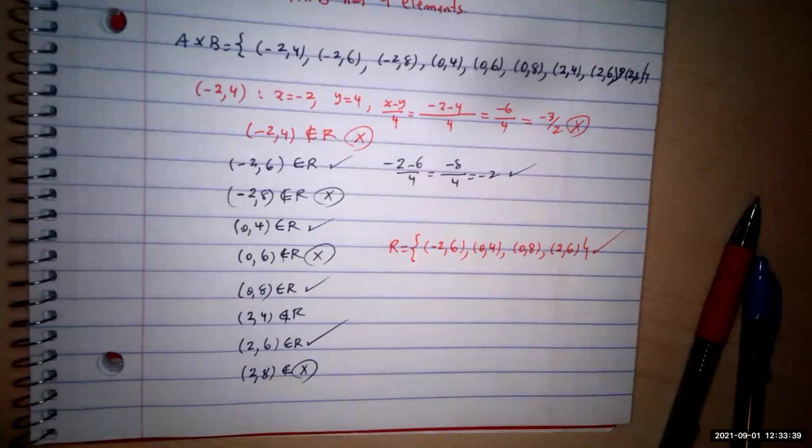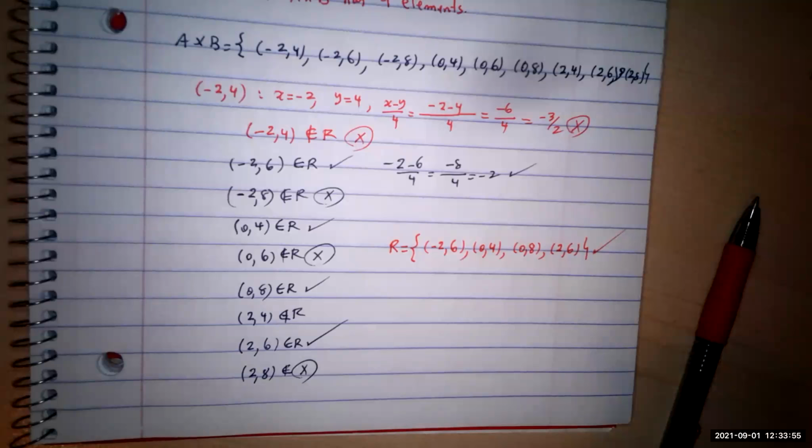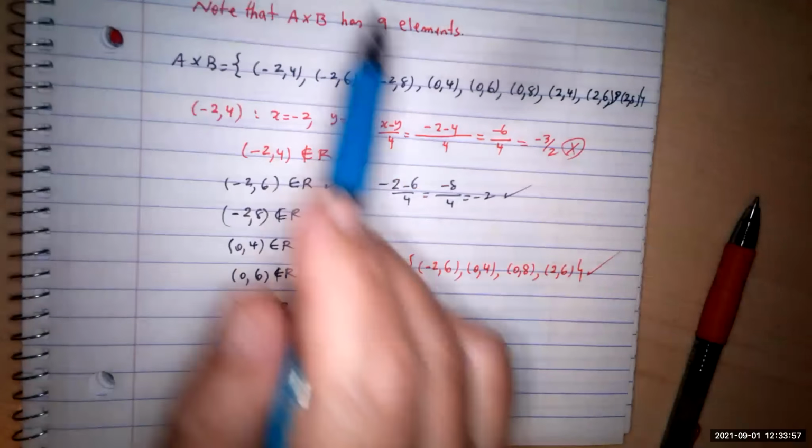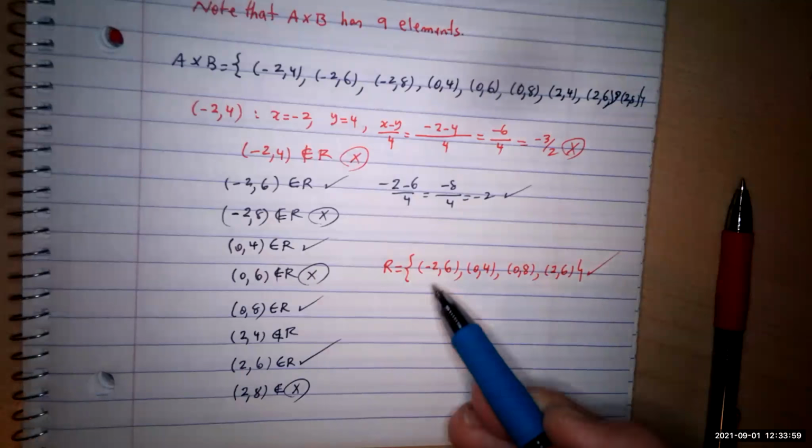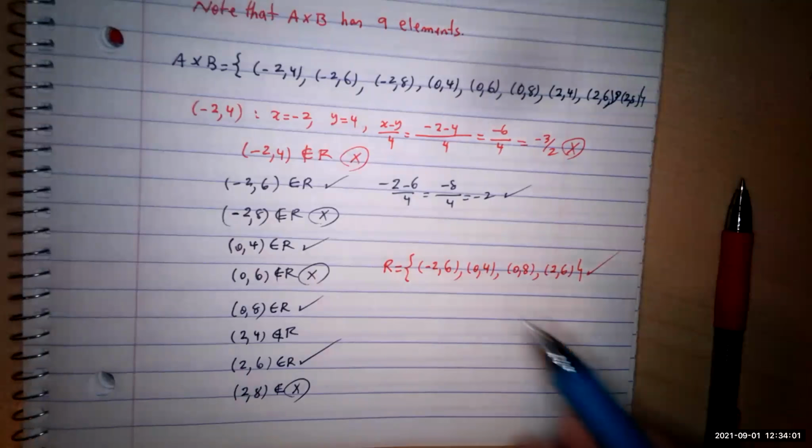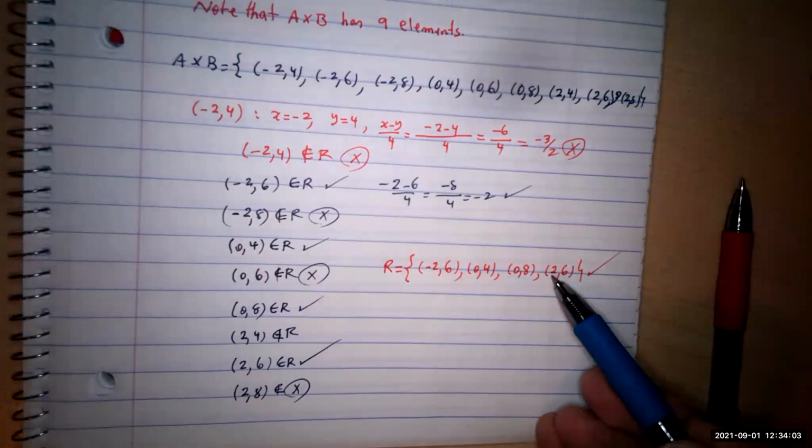So we give you one question of this format, and then we may ask you if this is going to be a function. Remember, in order to have a function, you have to have two conditions. The first condition is you must cover the A. A is -2, 0, 2. -2 is covered, 0 is covered, and 2 is covered.